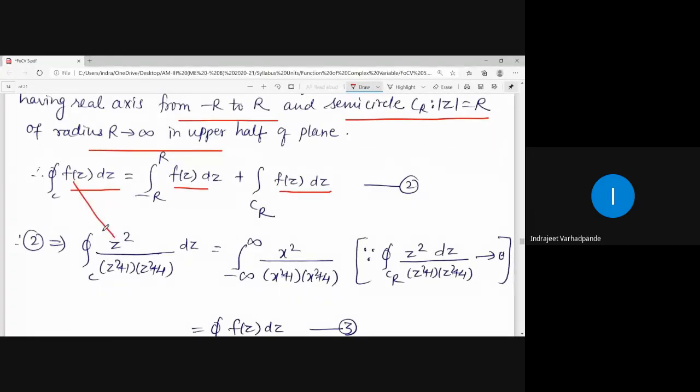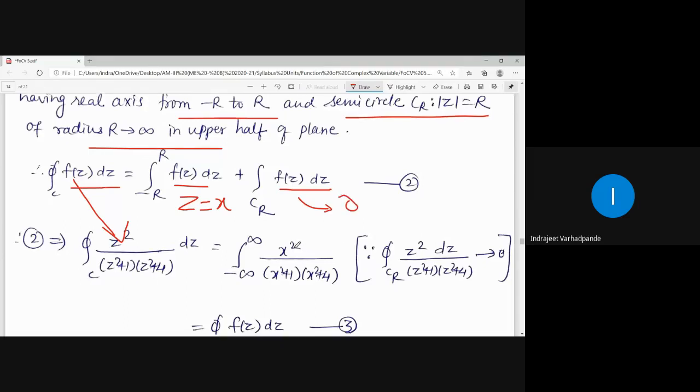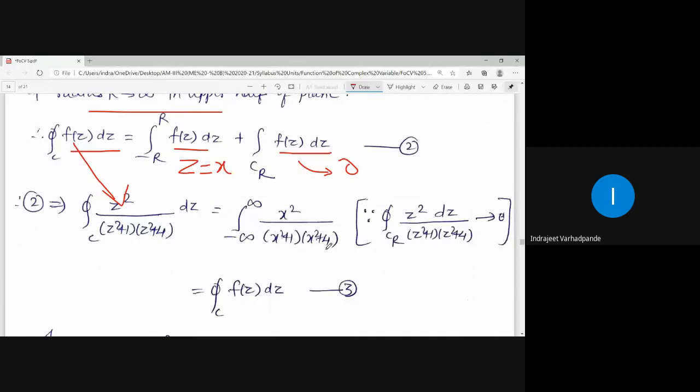So this particular example becomes minus infinity to infinity along the real axis, z is equal to x, and the second integral tends to 0. Therefore, x square upon x square plus 1 into x square plus 4, which is our original function. Now, whenever you get the term in the form of z, we can easily simplify and get the answer.